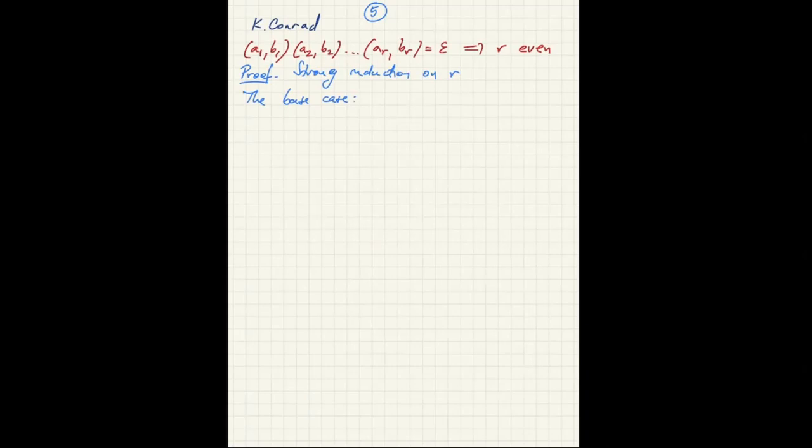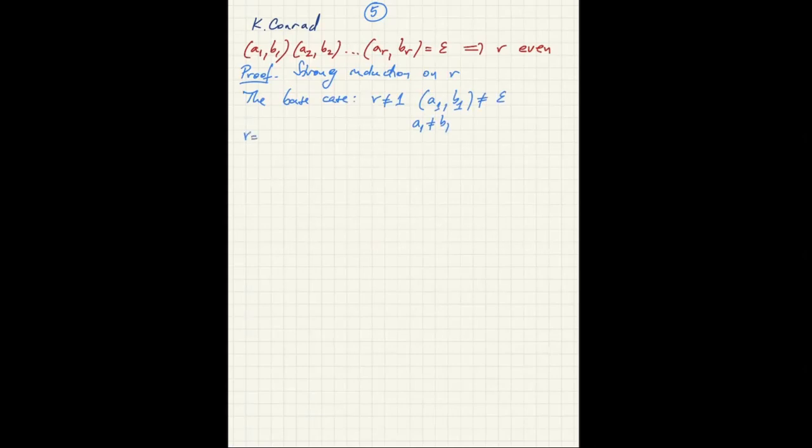It cannot be R equals 1, because if I have a transposition A1 B1, then in our notation, when we write A1 B1, we automatically assume that A1 is different from B1. Then the product of a single transposition cannot equal the identity, because the permutation on the left doesn't fix A1 and doesn't fix B1. So there's no way that the product of one transposition is going to be the identity.